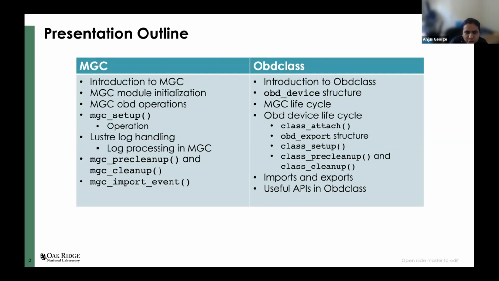I will move on to describe about Obd device structure and MGC Life Cycle and its various stages. Next topic covers different stages in Obd device life cycle, such as class attach, class export structure, and cleanup. I will conclude the tutorial by giving a short description on imports and export and some useful APIs in OBD class.